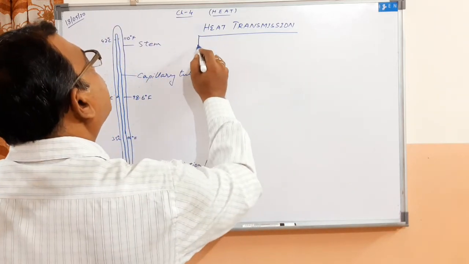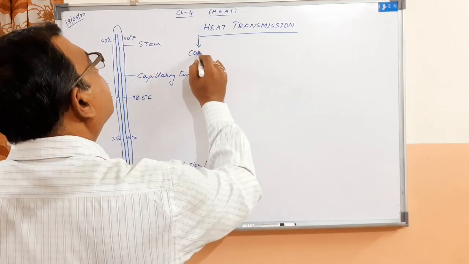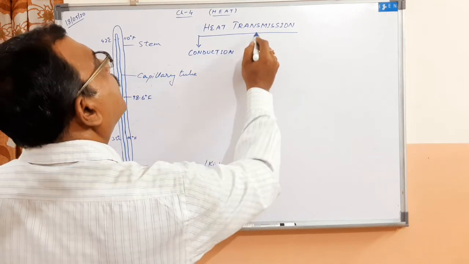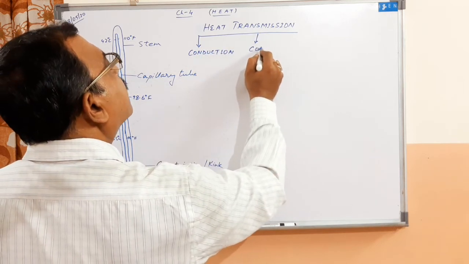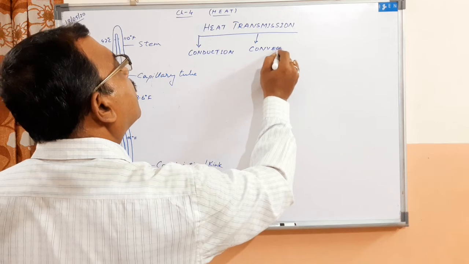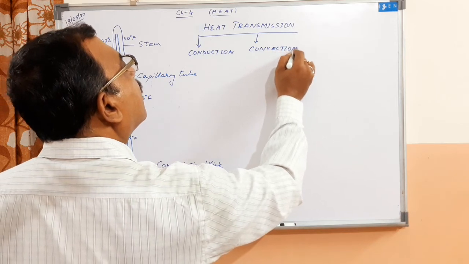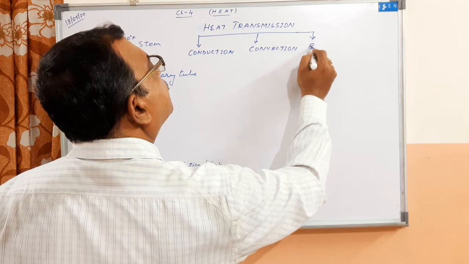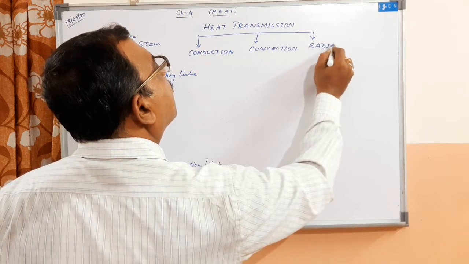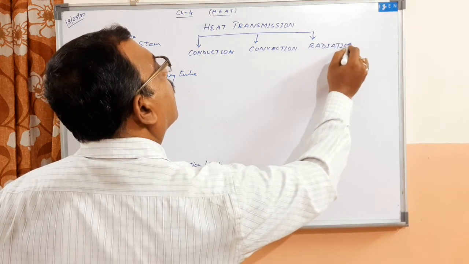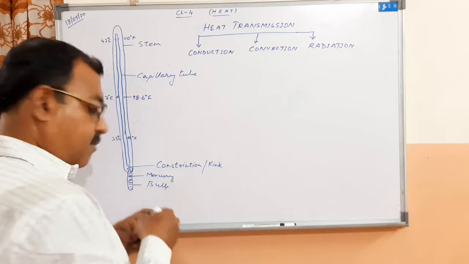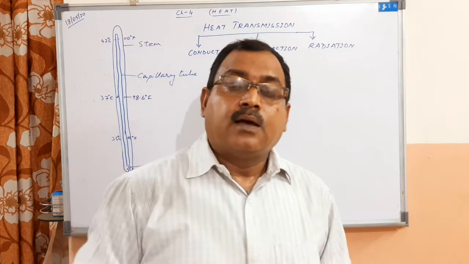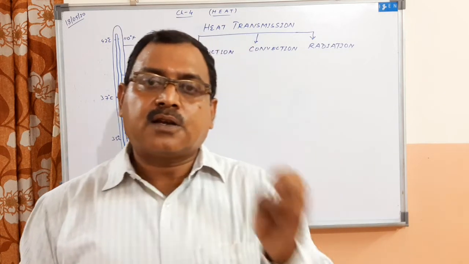First is conduction. Second is convection. And third is radiation. Right, children? Now, what is this conduction, convection, radiation?